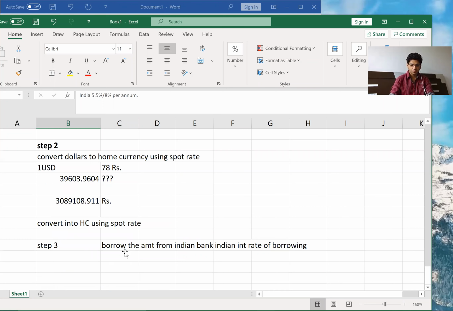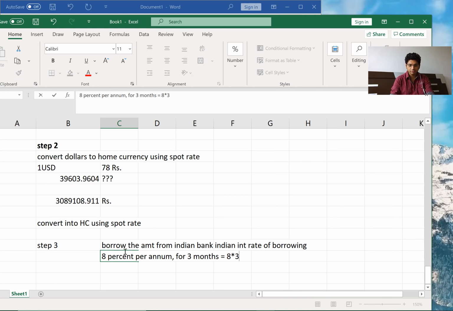So that is 8% per annum. But I don't want per annum. I want it for 3 months. So for 3 months, it will be 8 into 3 by 12, which is equal to 2%.